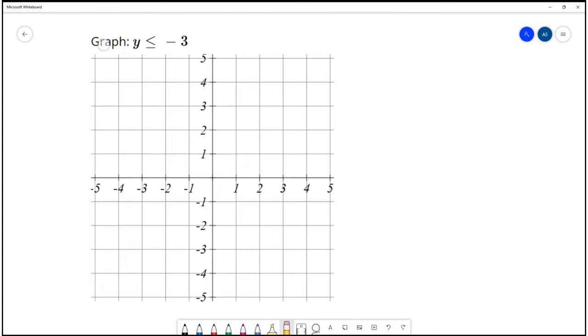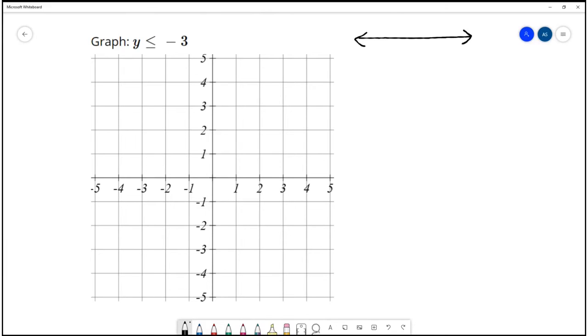On this next problem, we're going to graph y is less than or equal to -3. And we're given this grid instead of our number line. So remember earlier we were graphing on a real number line.